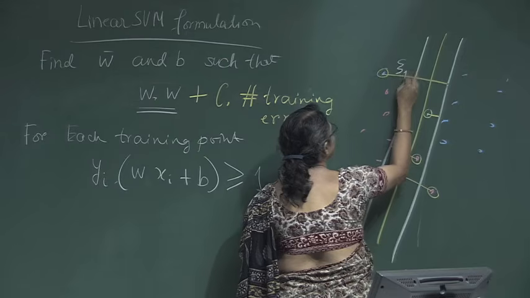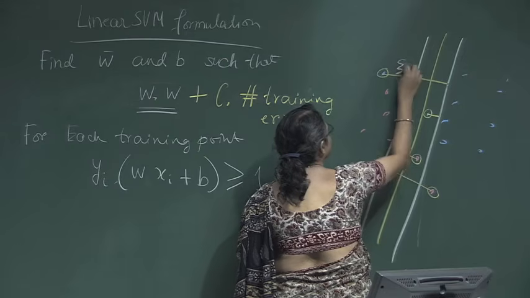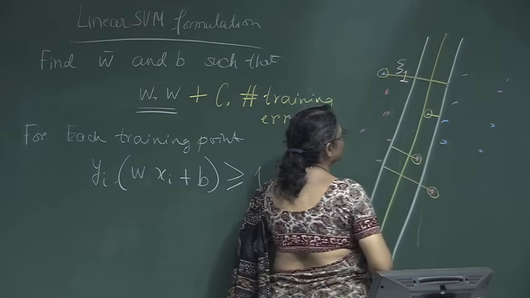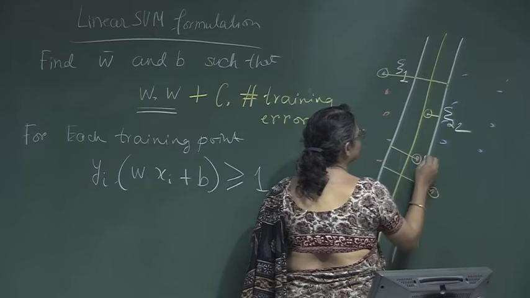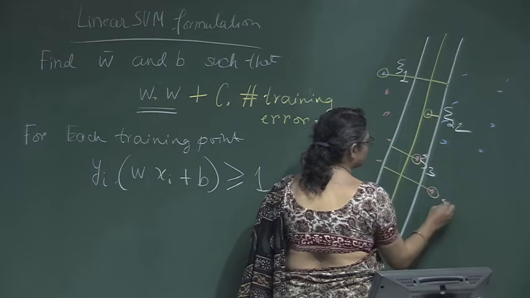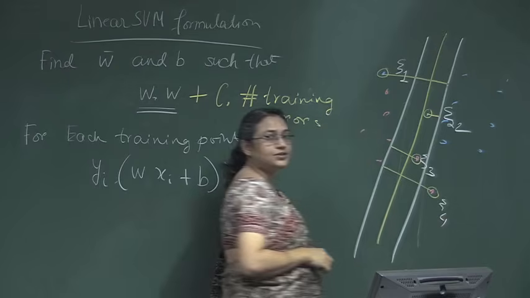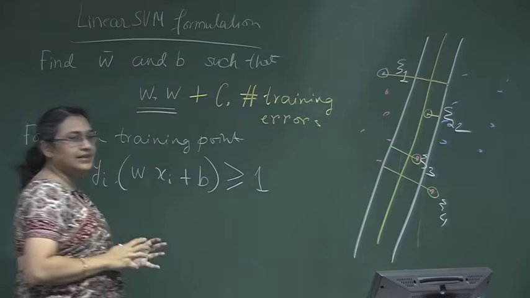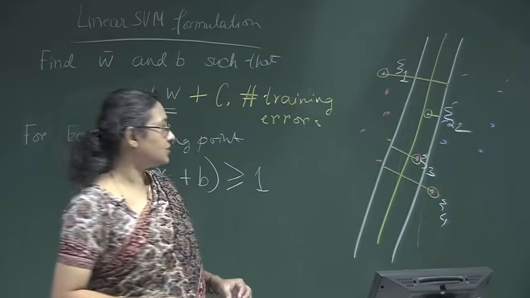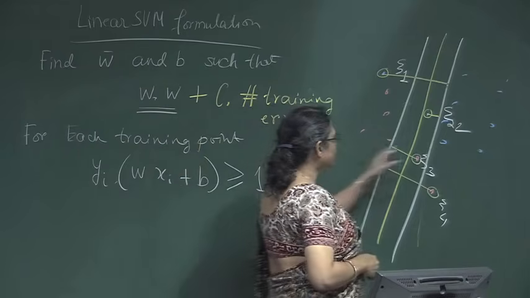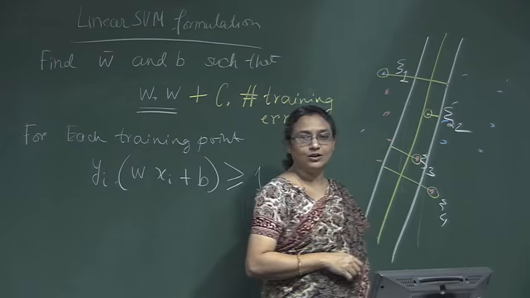Suppose this is point 1. So, we can associate xi 1 corresponding to this point, xi 2 corresponding to this point, xi 3 corresponding to this point, xi 4 corresponding to this point. So, these are the penalties that we are associating with the points which are in the wrong position. The xi values associated with the other points will be equal to 0.